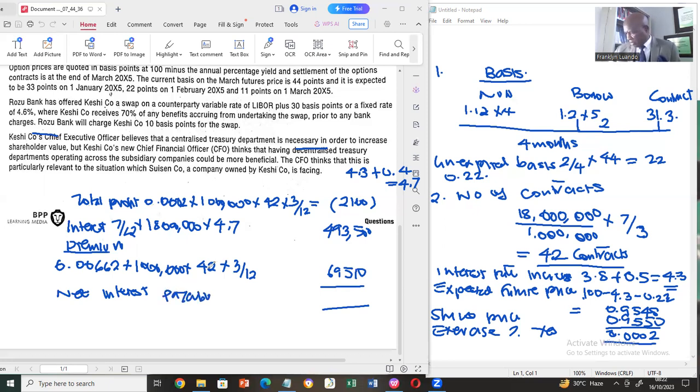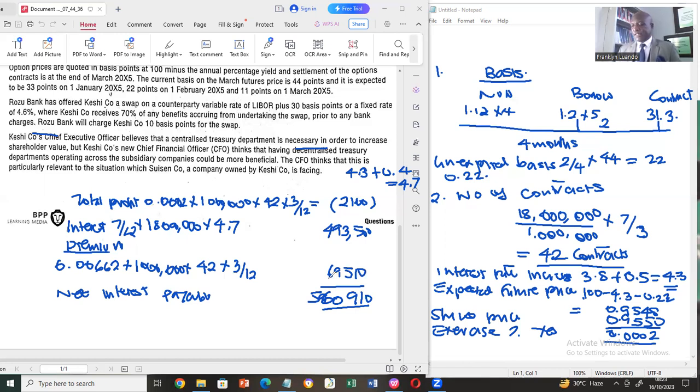Net interest payable will be 560,910. As a result of hedging using the options, the interest to be paid has been reduced by the gain made. So this is when there is an increase in interest.